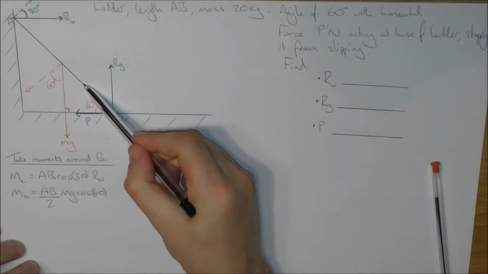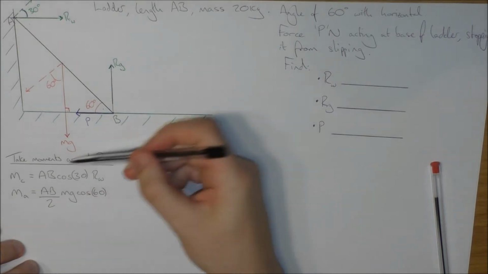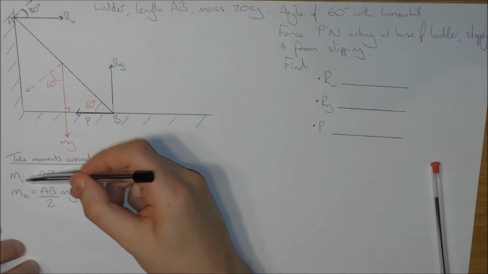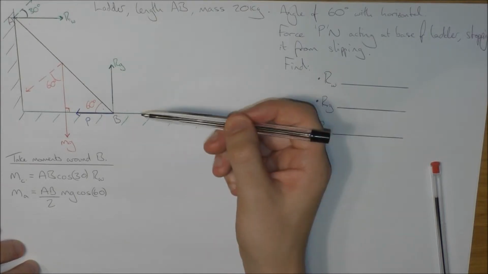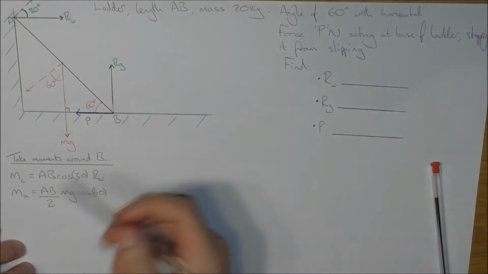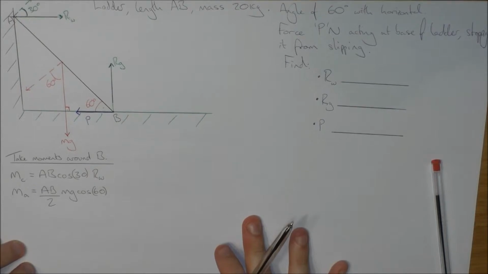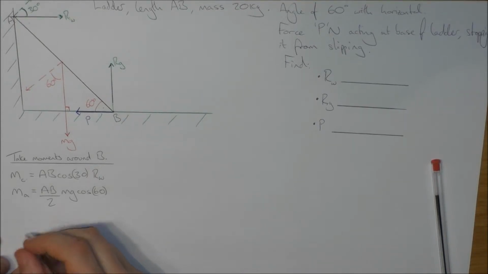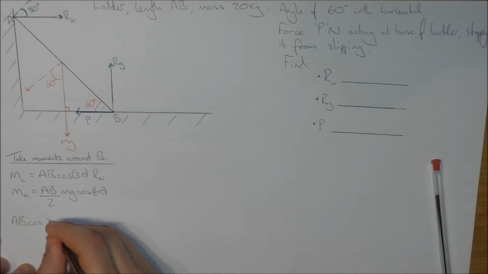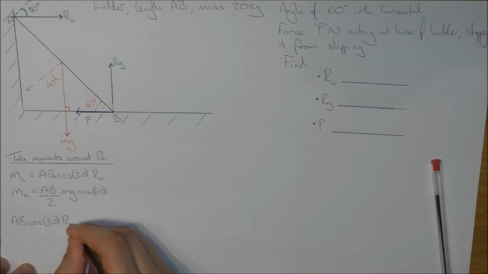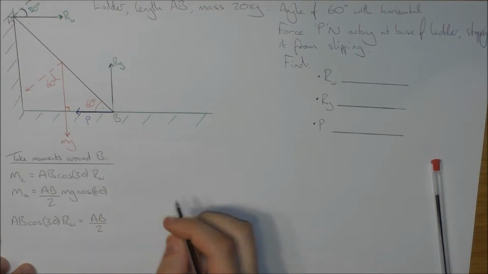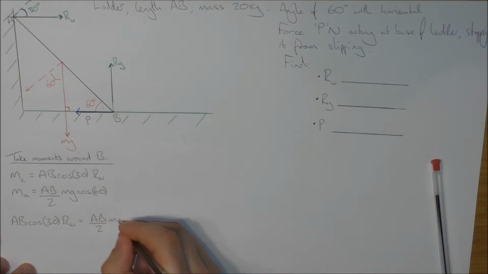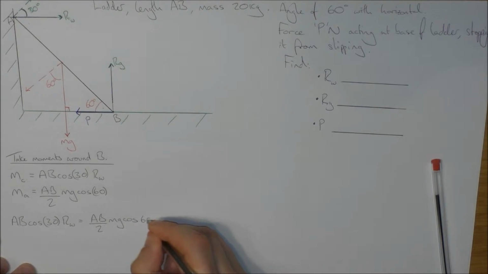Now, because this ladder is in equilibrium, it's not moving, I know that the clockwise and anti-clockwise moments, when taken around any point, must be equal. That's the principle of moments. So I can use that fact to say that AB cos 30 times RW is equal to AB over 2 mg cos 60.